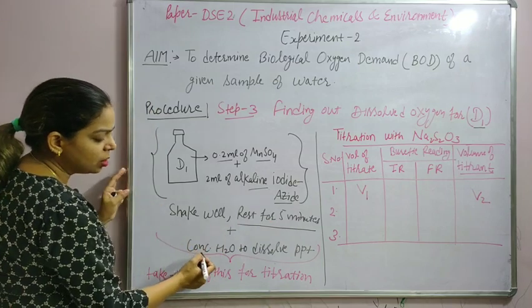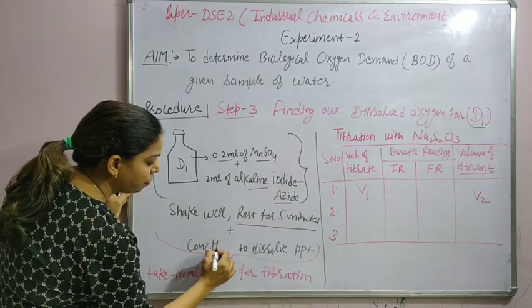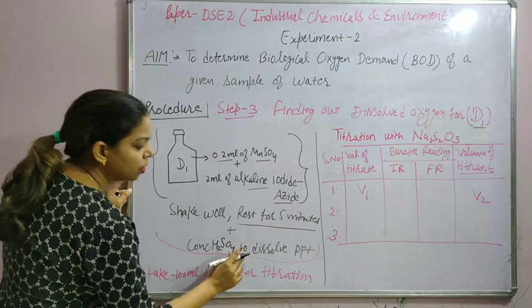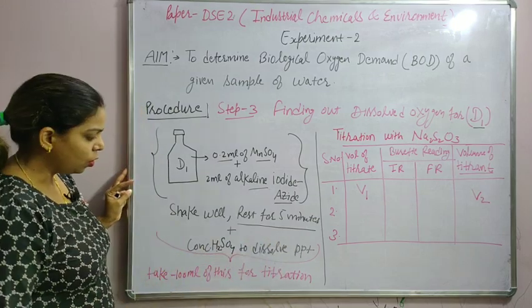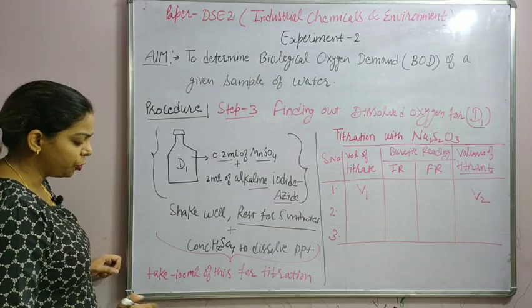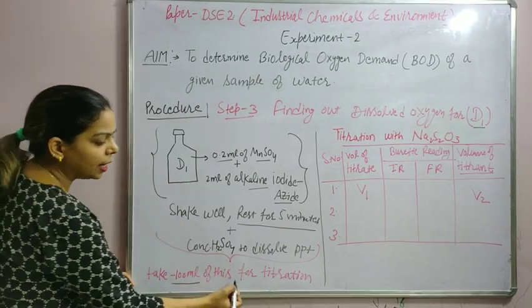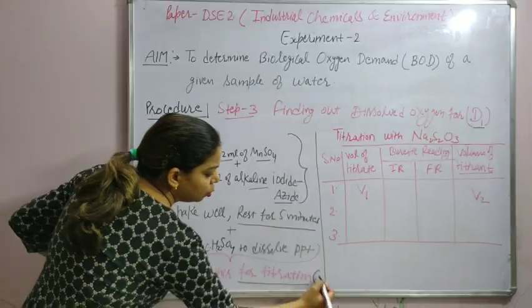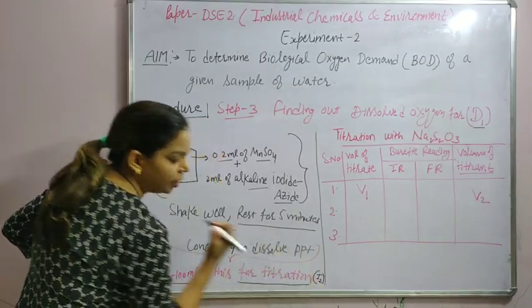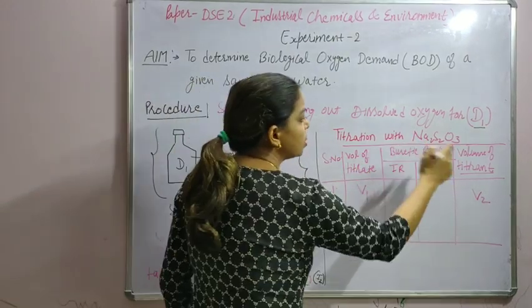After that, add concentrated H2SO4 to dissolve the PPT. Once the PPT are dissolved, it's a clear solution. Now you have to take 100 ml of this solution and titrate it to determine the amount of iodine in it using hypo solution, sodium thiosulfate.